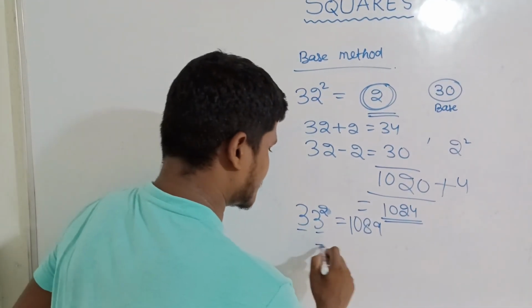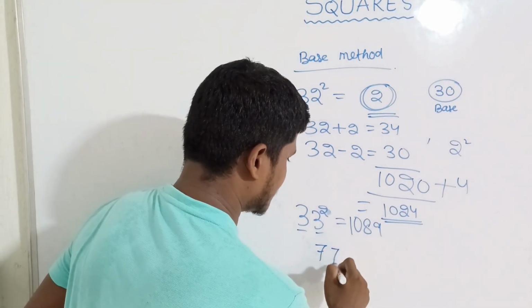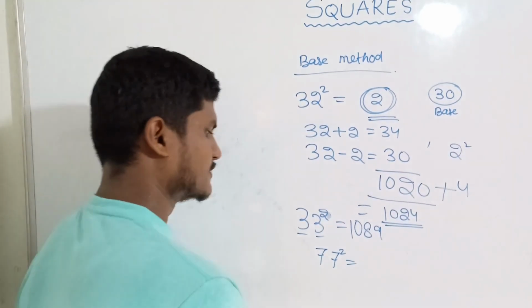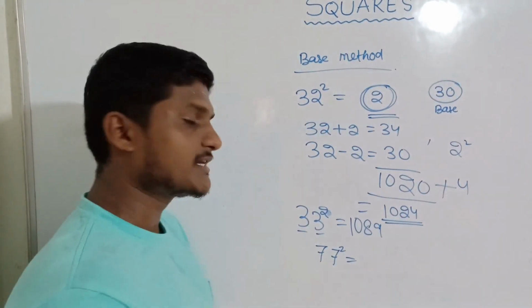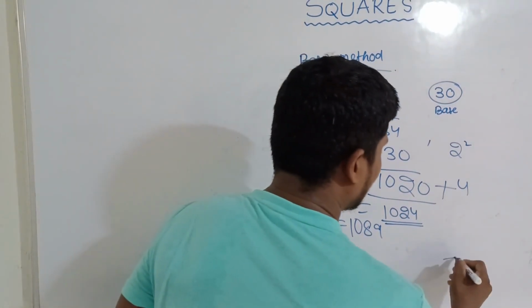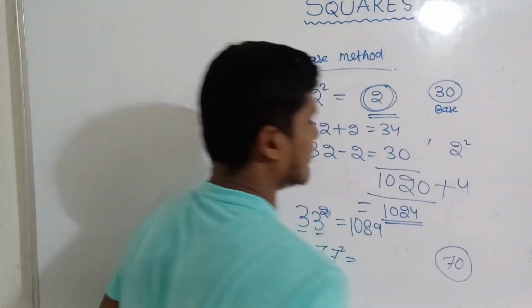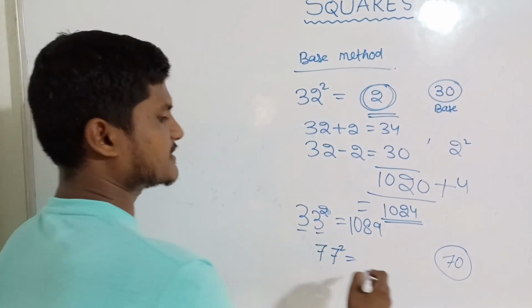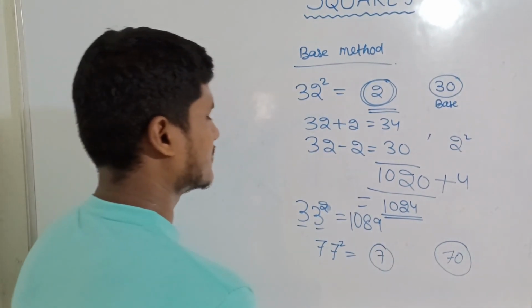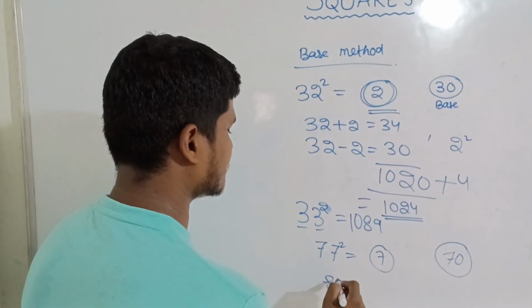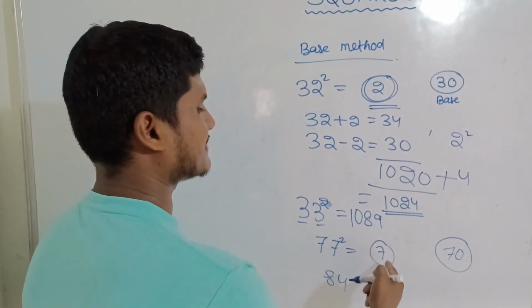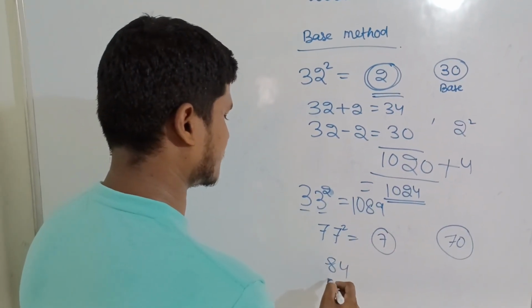I can take another number. Suppose 77 square. What is the 77 square? Suppose I take 70 as my base. What is the difference? 7 units. First of all, add these 7 units, that means 84, and subtract 7 units from 77, that means 70.